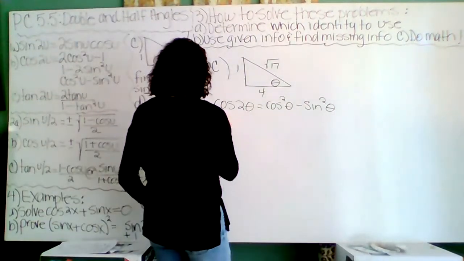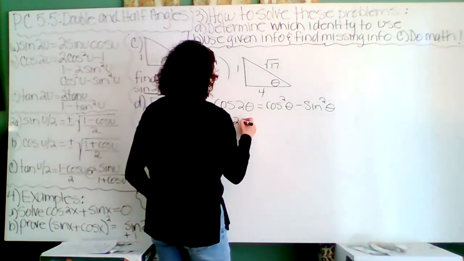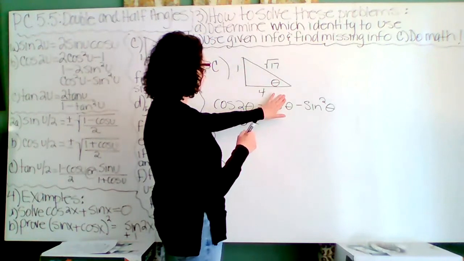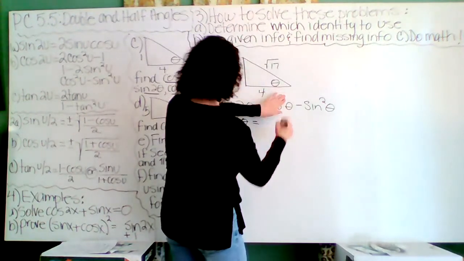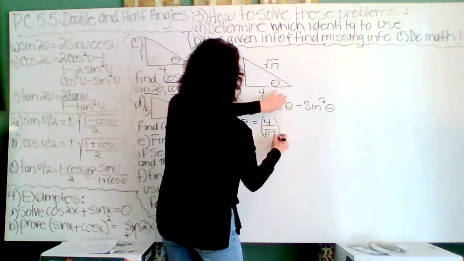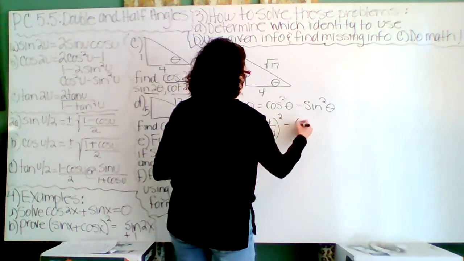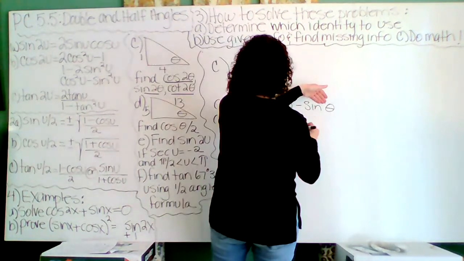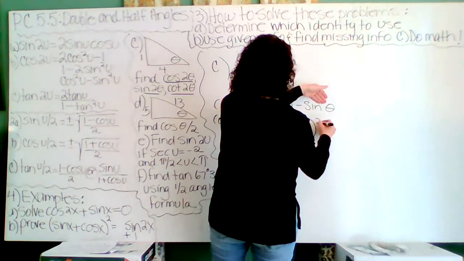Okay, so cosine of the double angle is cosine of theta, right? I'm going to get that from my picture. That's 4 over the square root of 17 squared minus sine from my picture is 1 over the square root of 17 squared.